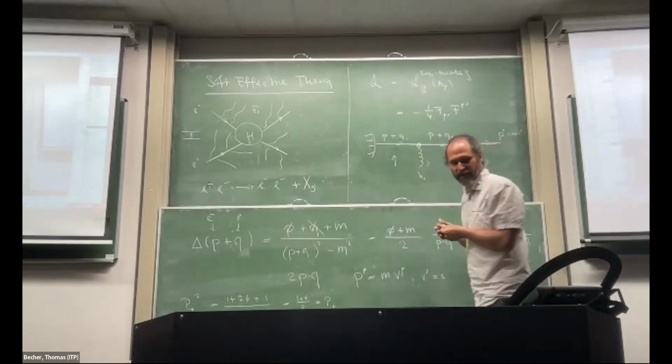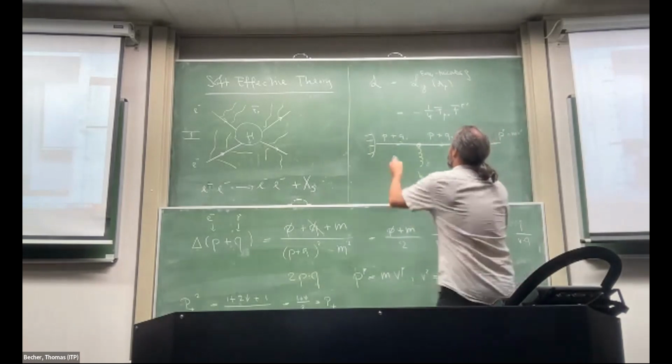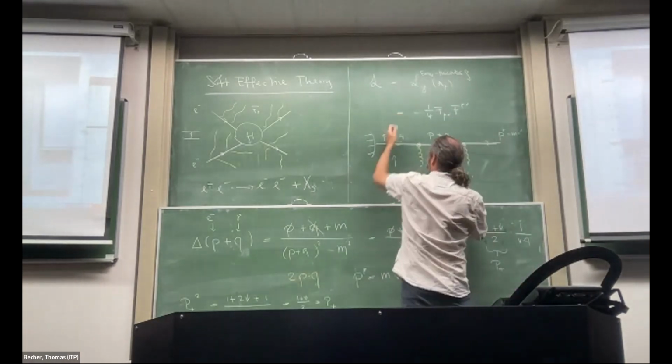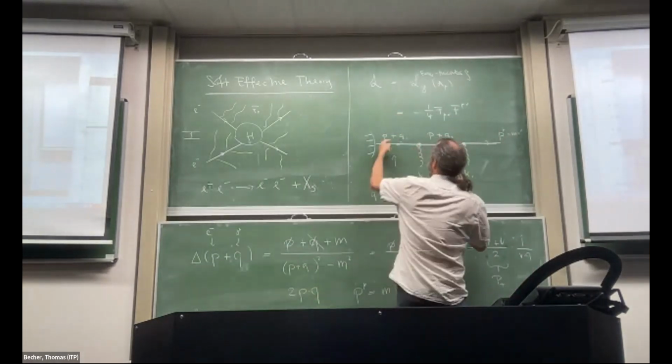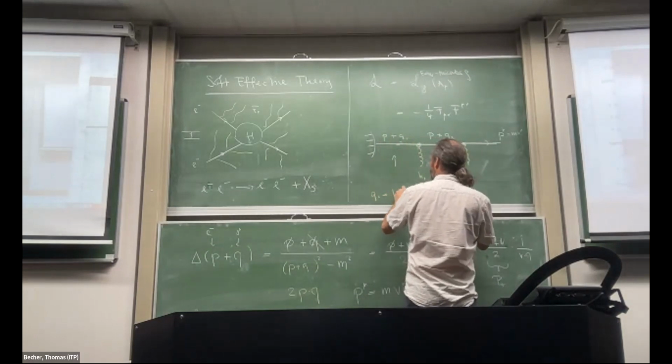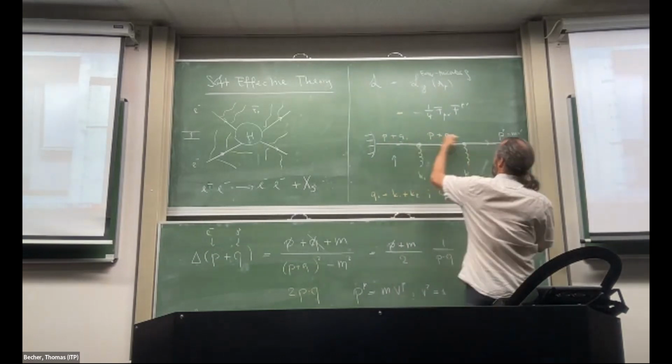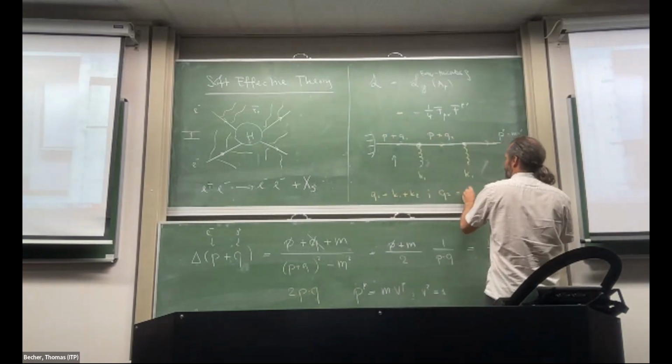Exactly. So the Q1 here is this here. So by momentum conservation, Q1 is equal to K1 plus K2. And the Q2 goes this way.